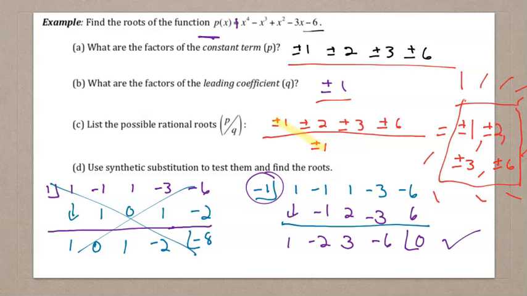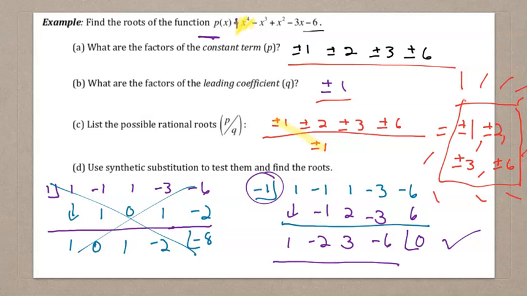Okay, and then let's use these numbers down here to be the coefficients of my quotient. I started with an x to the 4th, right? So I know that my quotient will be an x cubed. So I have 1x cubed.